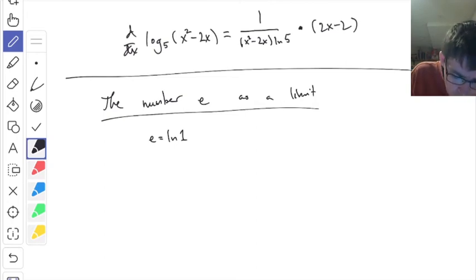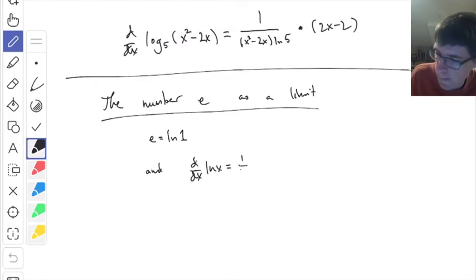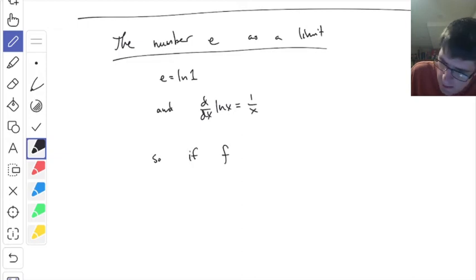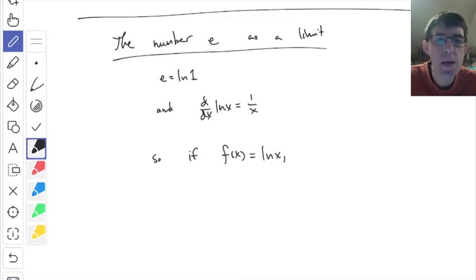And of course, we just said a moment ago, the derivative of the natural log of x equals 1 over x, all right? So that means if f of x is the natural log of x, check it out. I'm going to write the definition of the derivative.